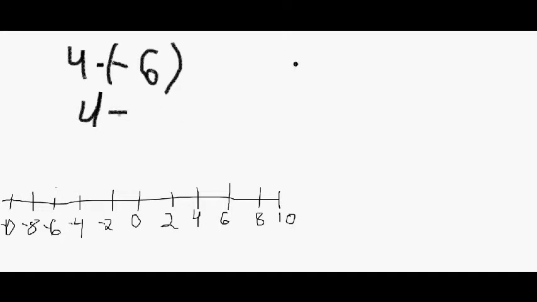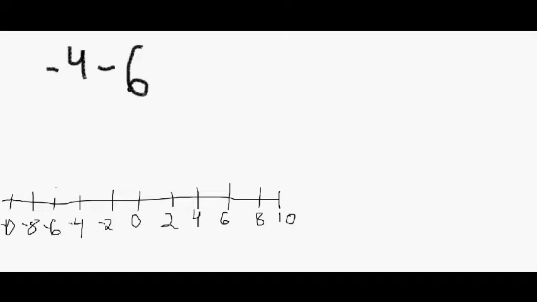Alright, number 4 is negative 5 minus 9. So I'll just make it negative 4 minus 6. We start off at negative 4, which is over here, and we're subtracting 6 from it. So it's 2, 4, 6. So the answer is negative 10.